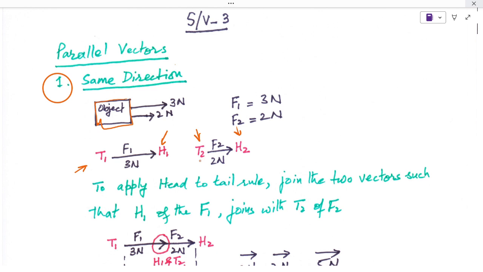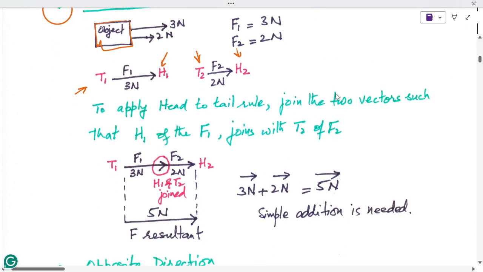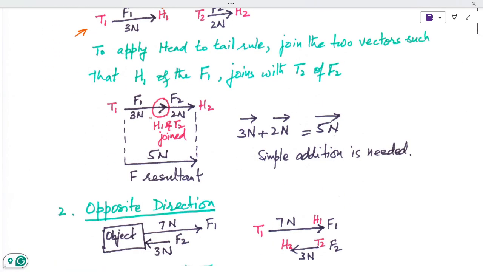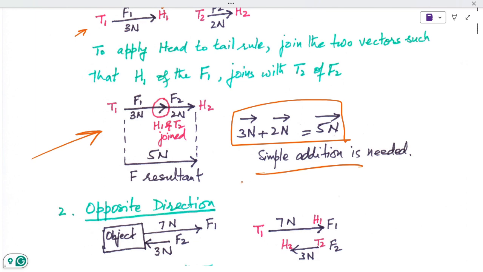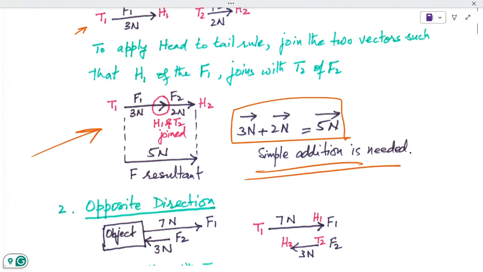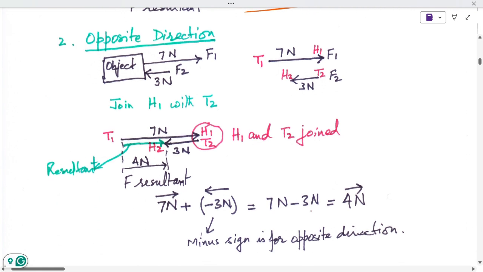In order to put them head to tail, we join the head of vector 1 with tail of vector 2 and we get a diagram as shown, and when we add them we get the resultant vector of force, which is equal to 5 Newton, and 5 Newton is obtained by adding the two vectors together. So this is a very simple method when the vectors are in same straight line and in the same direction.